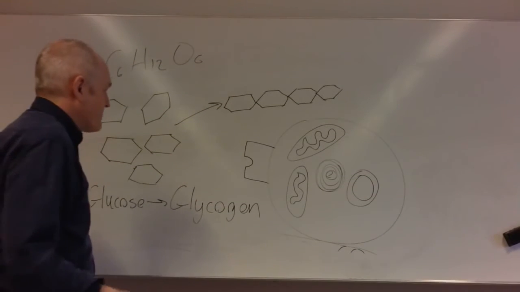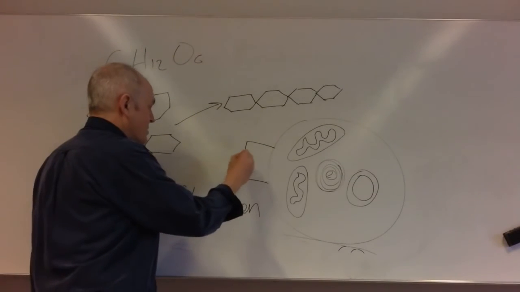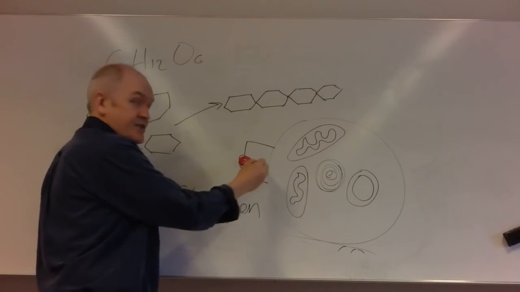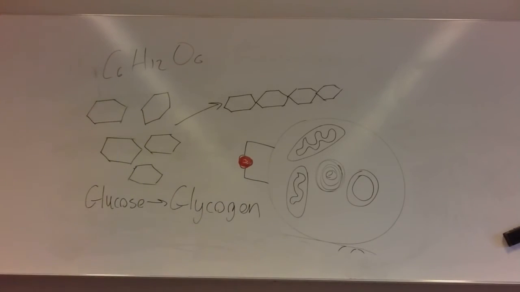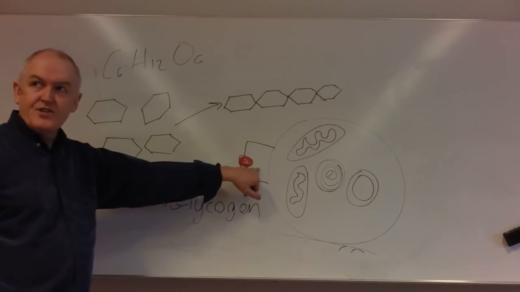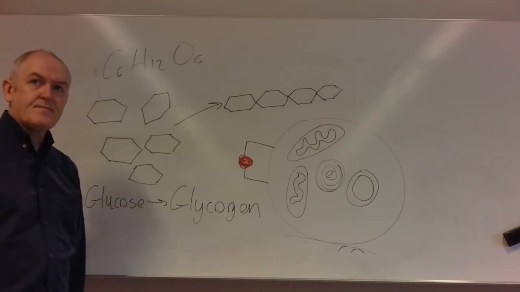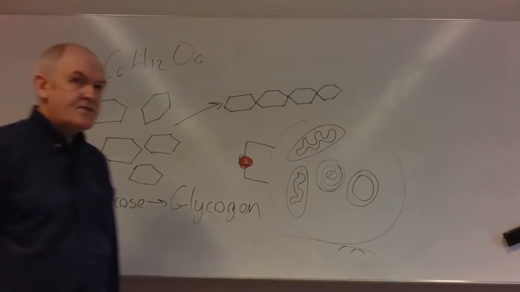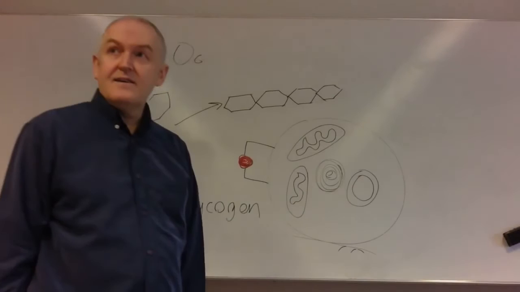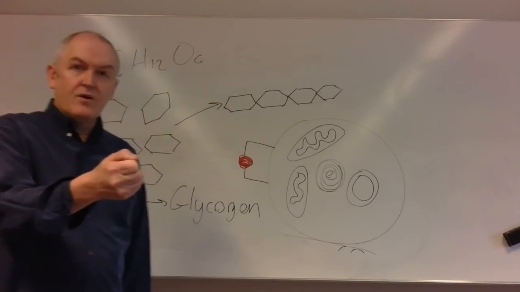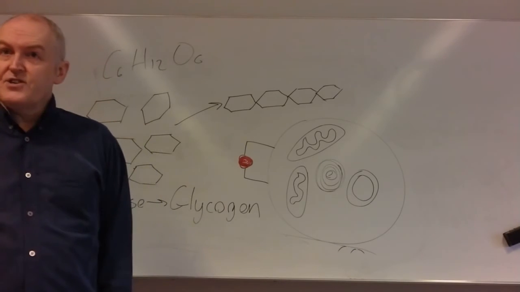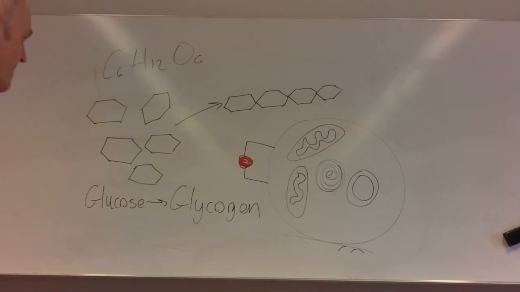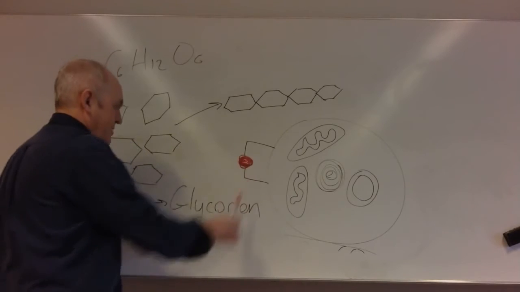But also, the insulin fits into the insulin receptors on the surface of many cells. This is the lock and key idea, isn't it? The key is the insulin molecule, and it's fitting into the lock, which is the insulin receptor. So that fits in there, all very nice and snug.